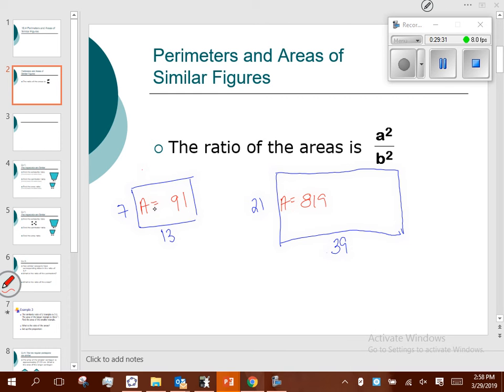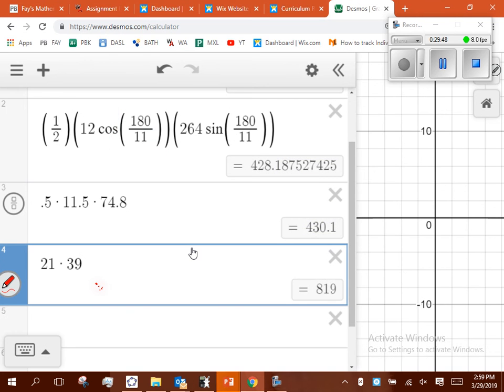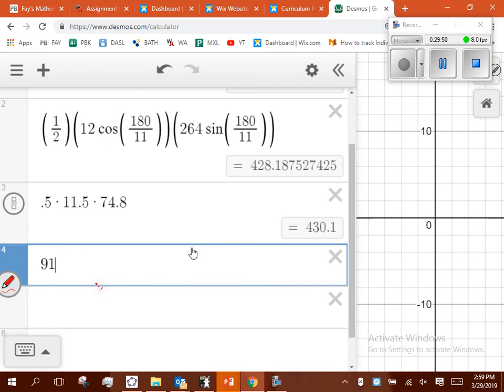Now, if I compare area 1 to area 2, 91 over 819, that reduces to not 1/3. Let's take our calculator. It's a little bit harder to do. I go 91 divided by 819.